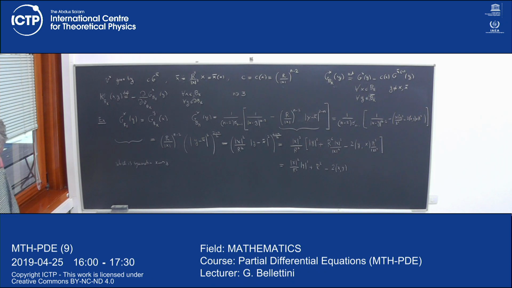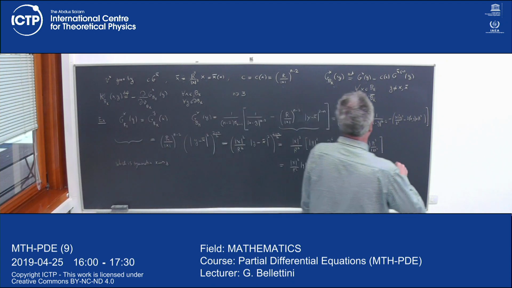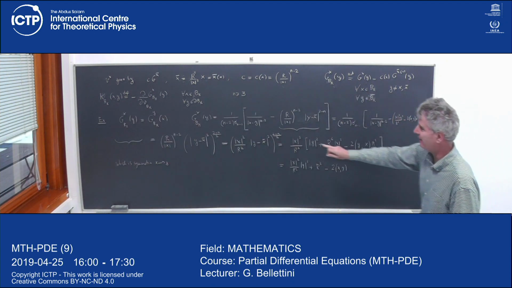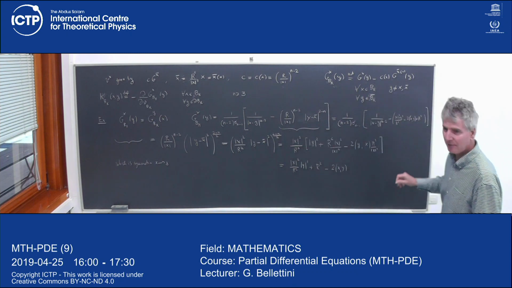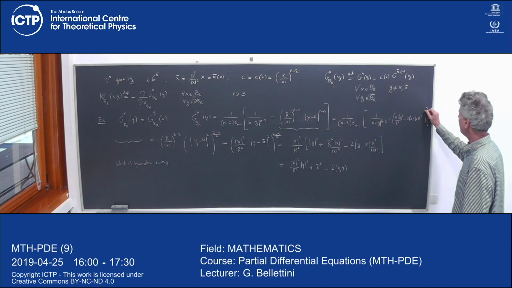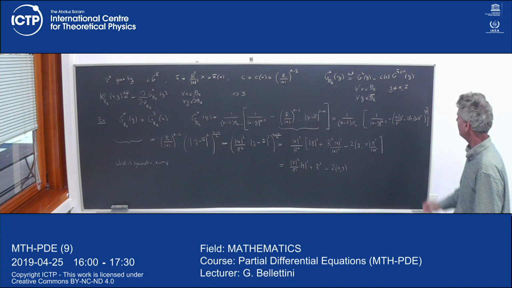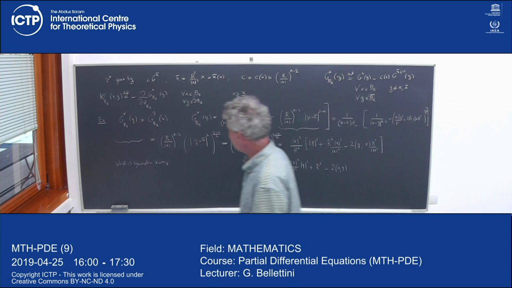Pi to the power 2 minus n over 2. Oh yes, I forgot. Thank you. 2 minus n over 2. Okay, you're right.